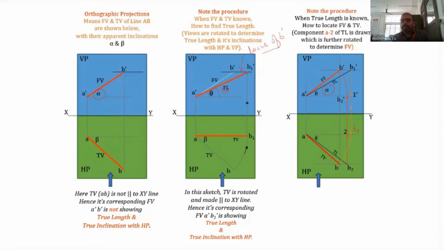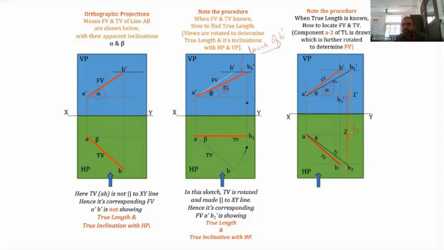The line A dash 1 dash will give you the length of the top view. So AB1 is the same as A dash 1 dash. So AB1 is obtained, and from B1 with the center as A, we draw a circular arc, so that this arc intersects with the locus of B. Locus of B is the horizontal line which is passing through B2.